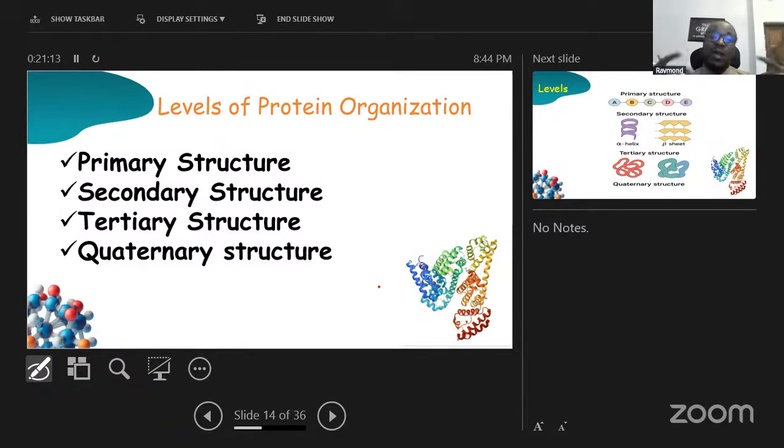This can be the alpha helical structure or the beta pleated sheets. The alpha helical structure would look like this protein on the screen. This is an alpha helix. We also have proteins that can look like beta sheets.